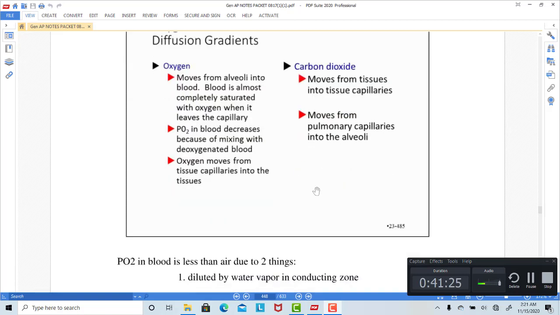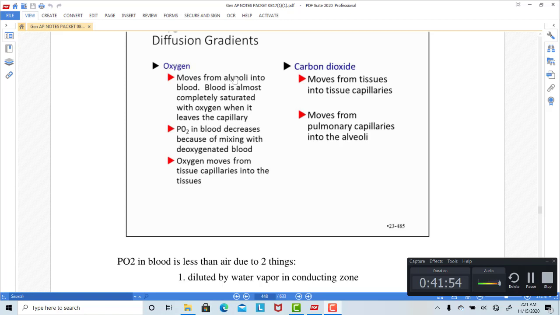So when we look at, again, how carbon dioxide and oxygen move across, they're a little different in how they are transported in the blood. And again, we said carbon dioxide moves a little more readily than oxygen does, but we find that carbon dioxide is highest in the tissues and oxygen is highest in the alveoli.